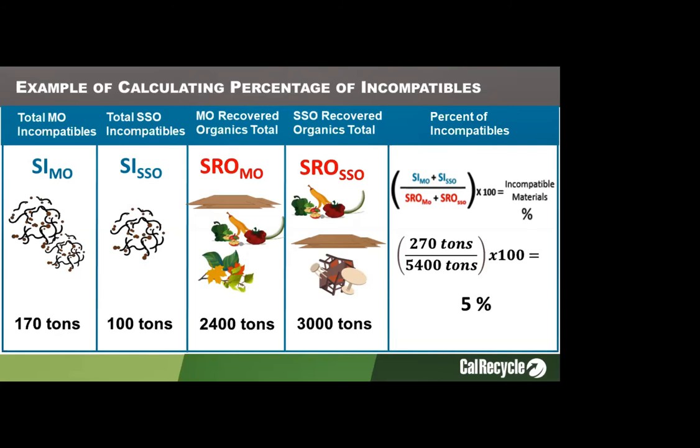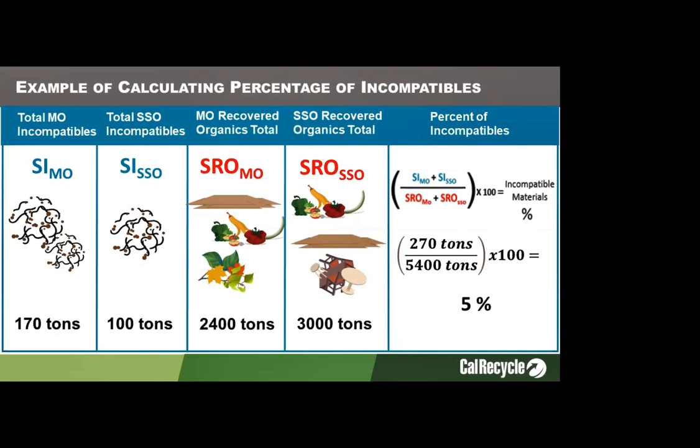Using these values in the equation, add 170 and 100, the SI from MO and SSO, to get the combined sum of 270 tons of incompatible material. Then add 2,400 and 3,000, the SRO from MO and SSO, to get the combined sum of 5,400 tons of recovered organics.